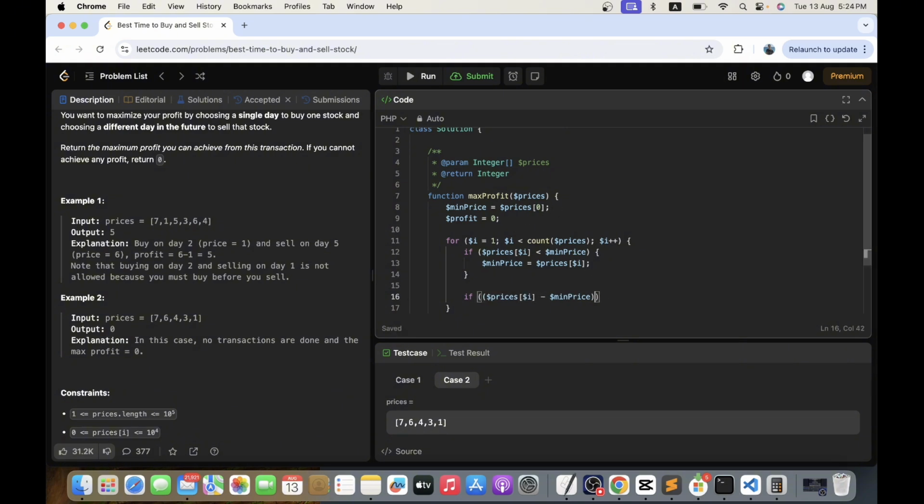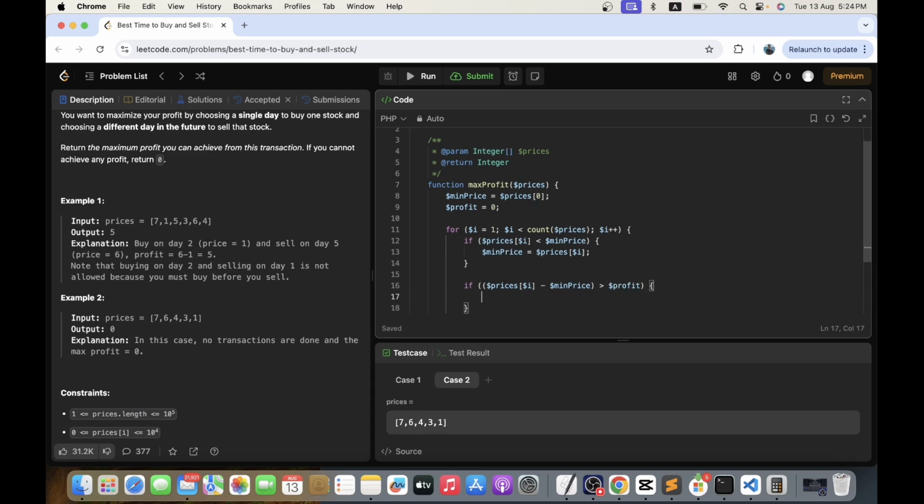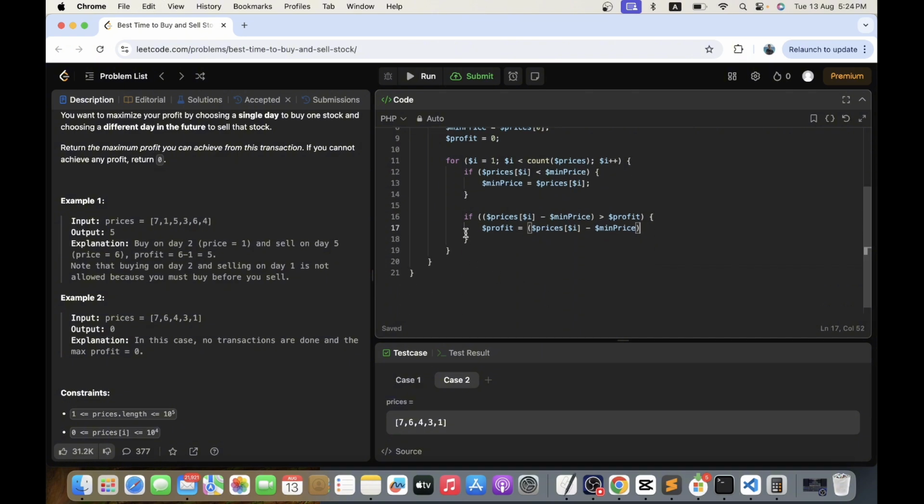If it's greater than our profit, then we will assign profit to this new profit, right? And we will return profit.